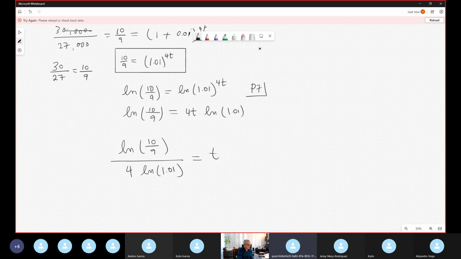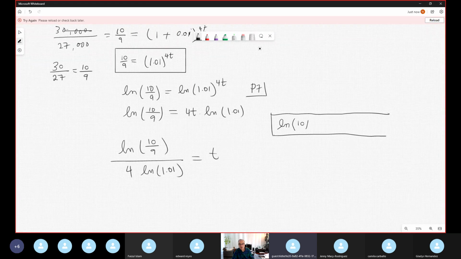Come on, guys, calculator. Be careful with the calculator. Suppose this is the display of the calculator. You press ln, which I suppose you are familiar with. Automatically, any calculator opens the first parenthesis. You put 10 divided by 9, close the parenthesis, division, open parenthesis again. Why?